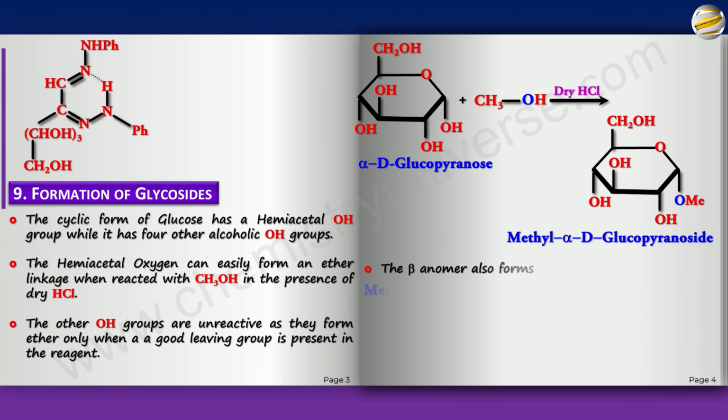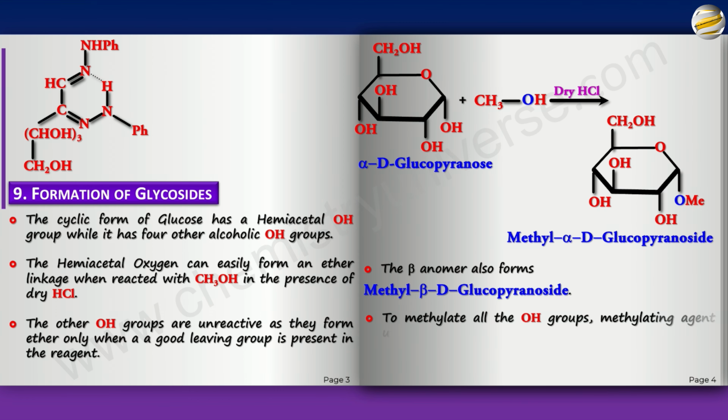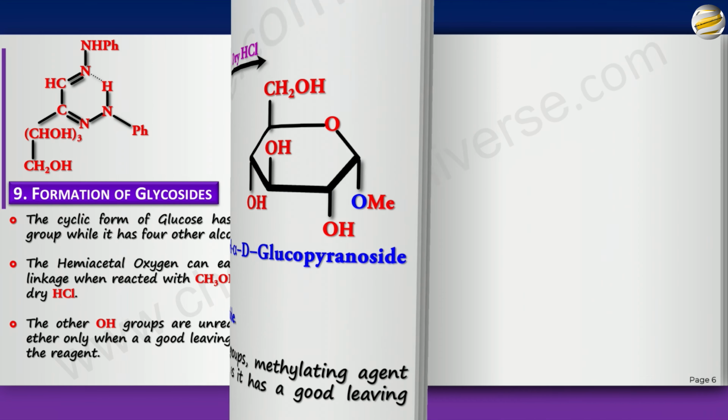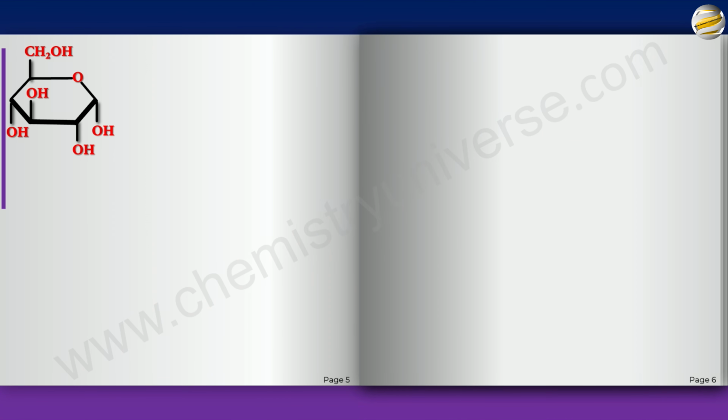So the beta anomer also forms methyl beta D glucopyranoside. This was the alpha one. To methylate all the OH groups, the methylating agent used is dimethyl sulfate, as it can easily leave because it's a good leaving group. So what I mean to say is that if you have something like this, and if I take this one, this is dimethyl sulfate. So here what happens is the O can attack this carbon and this can go, and this can stabilize due to the two double bond O's.